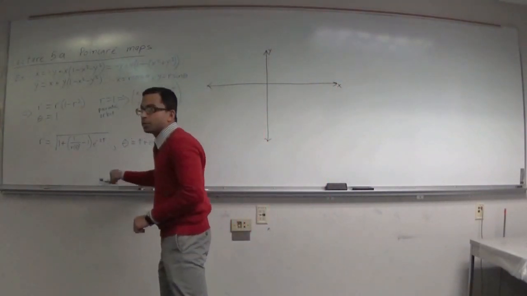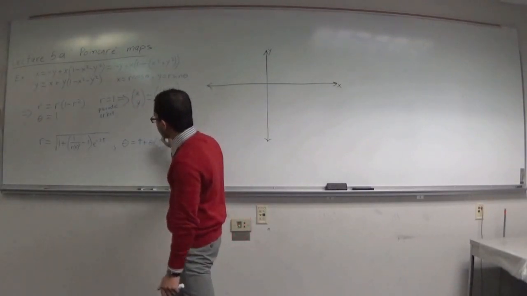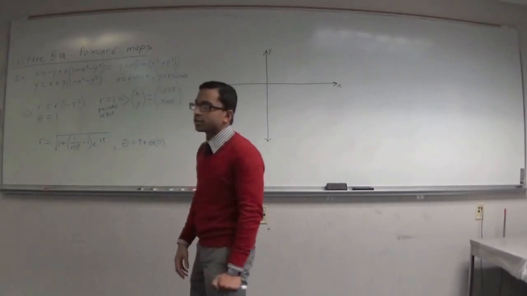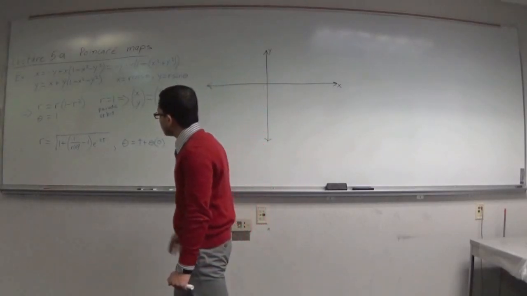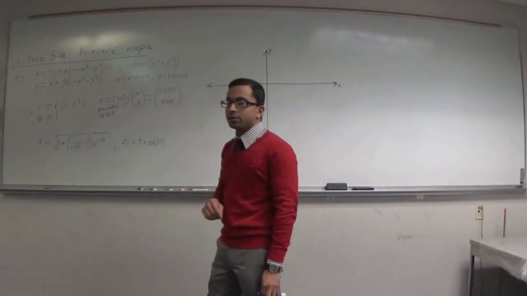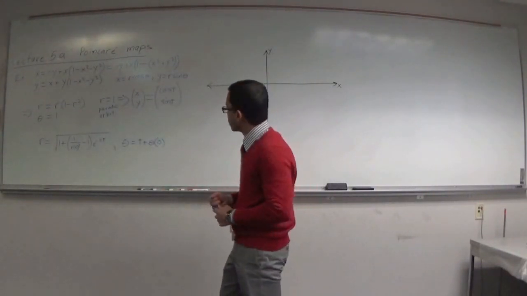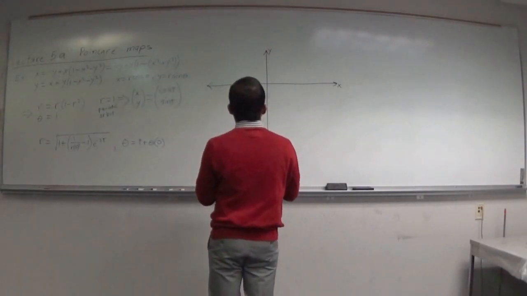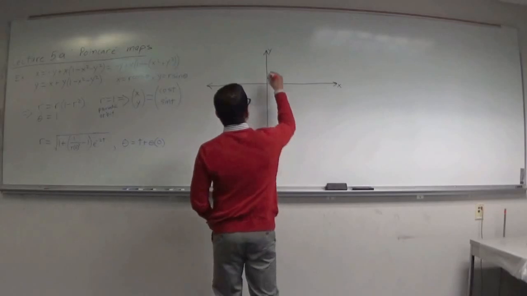Now we want to see what to do with this information. We want to construct the Poincare map. We know that we're going to get a periodic orbit at r equals 1, so let's draw our periodic orbit at r equals 1.